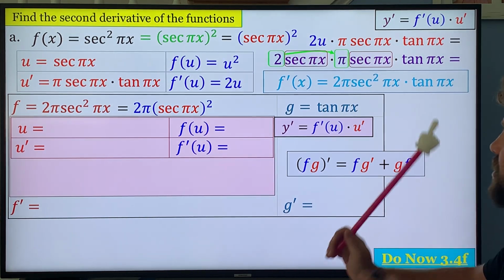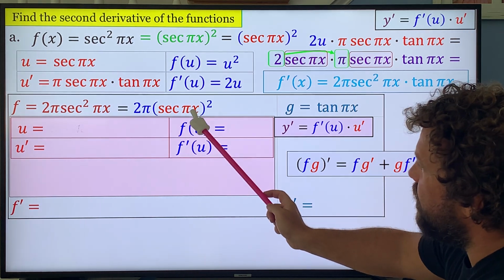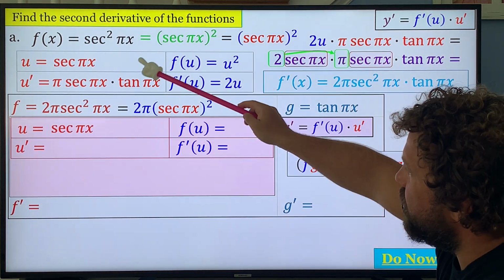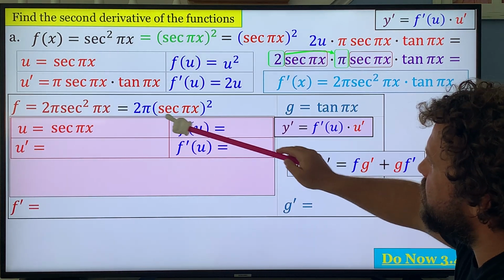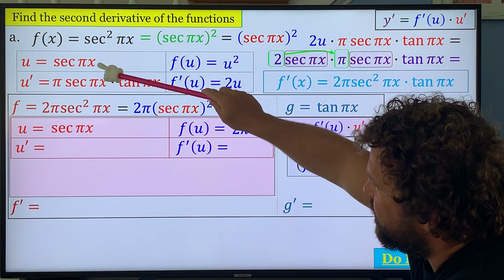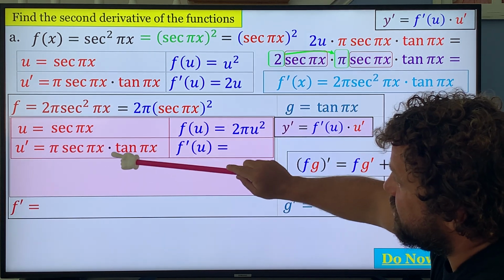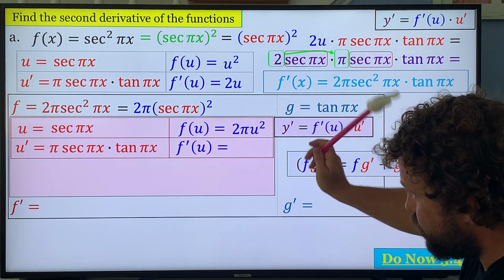Now watch. You're actually using chain rules all over. You're using like 5 chain rules in this problem. U is secant pi x, and we know that the derivative of f of u is 2 pi u squared. We already found the derivative of secant pi x using the chain rule over here. We got pi secant pi x times tan pi x, right? Good.